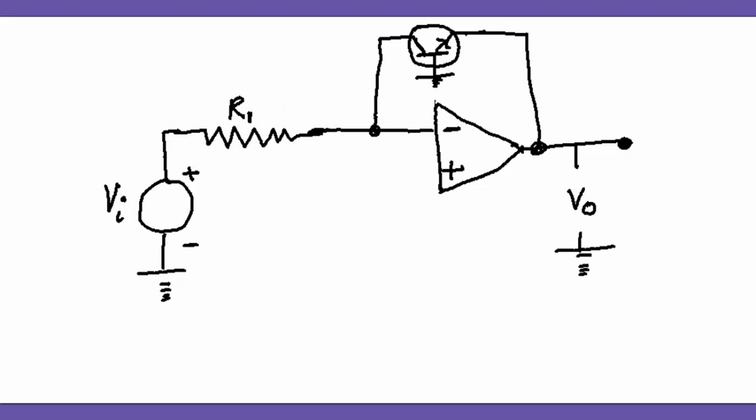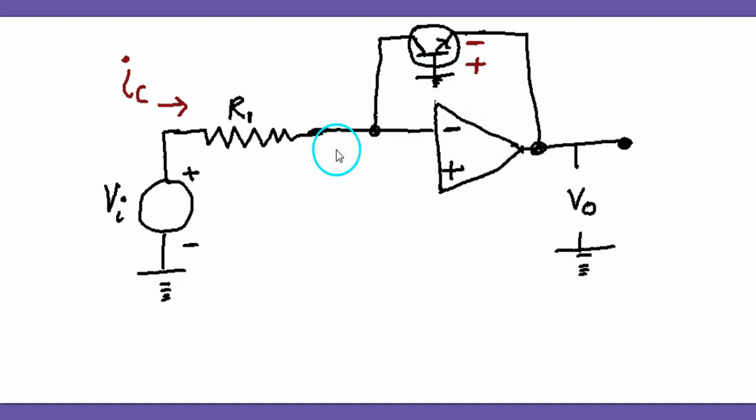This is the circuit diagram for the logarithmic amplifier, and here this is a transistor. This is the emitter terminal, base is grounded, and this is the collector. Collector is attached to the inverting terminal, and emitter is attached to the output side.